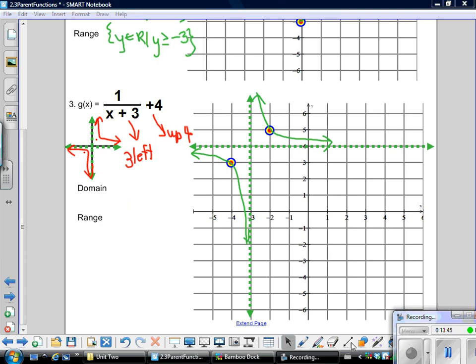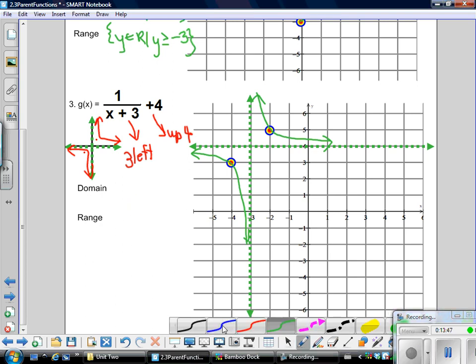Now it's just a matter of doing our domain and range. Okay, so we can see that, first of all, x can be anything in here except at this asymptote. And the same thing is for y. y can be anything except at this asymptote line. So let's write that down now.